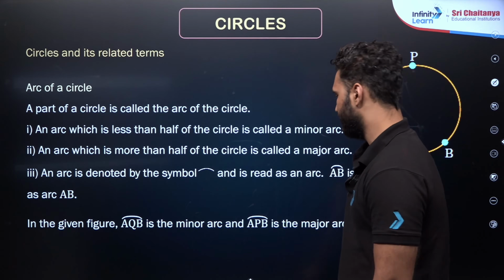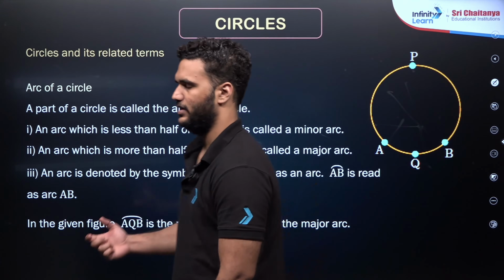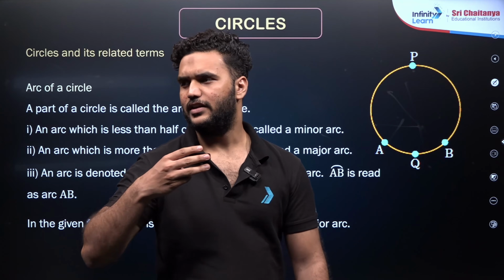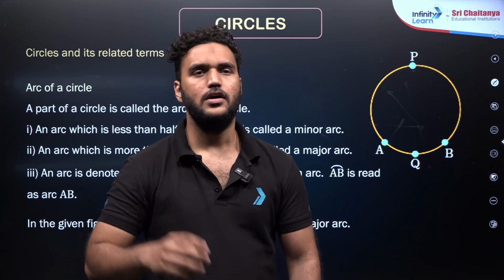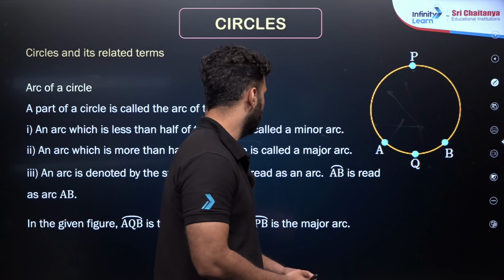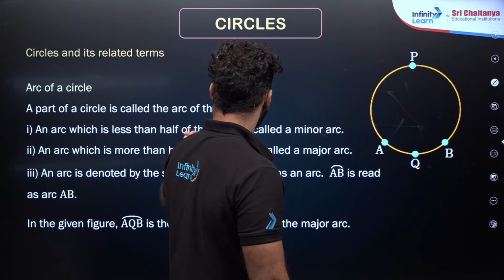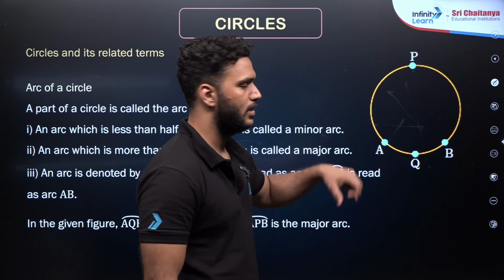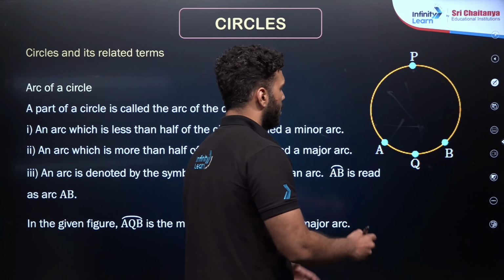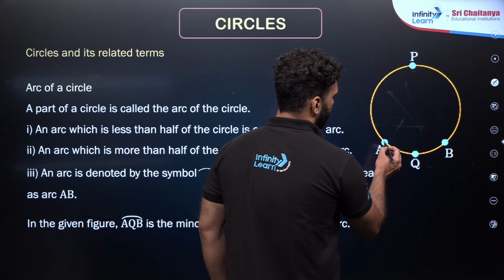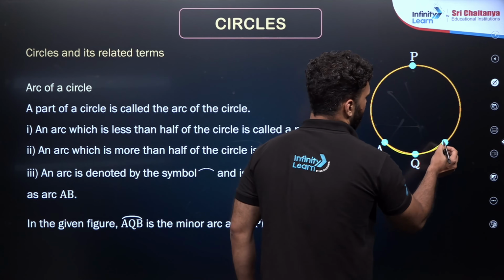Next, arc of the circle. You have already studied arc, segment, and sector in your 8th class, right? An arc which is less than half of the circle is called a minor arc. But what is an arc? Let's go for a recall.